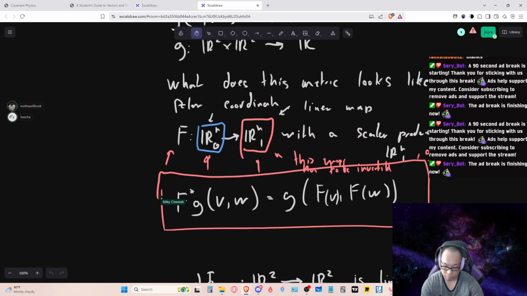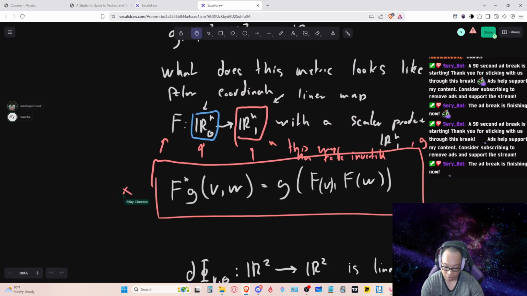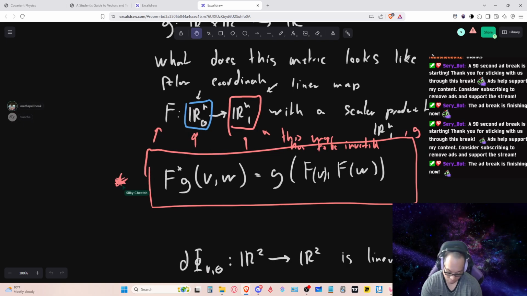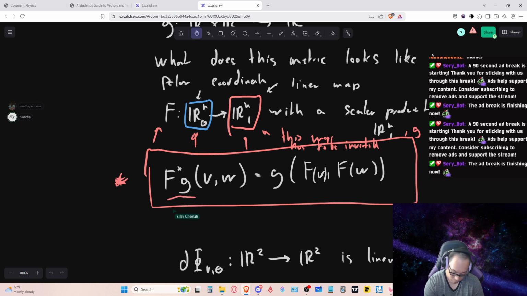Which formula is that? I can't remember. I will put the F star. F star is just a notation thing, a name for the new thing we define.